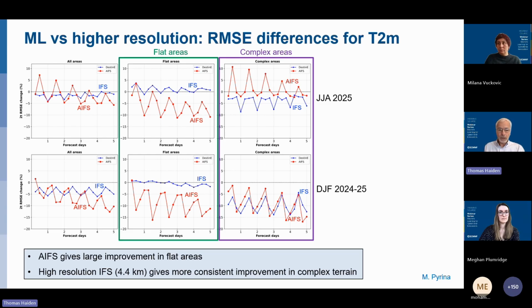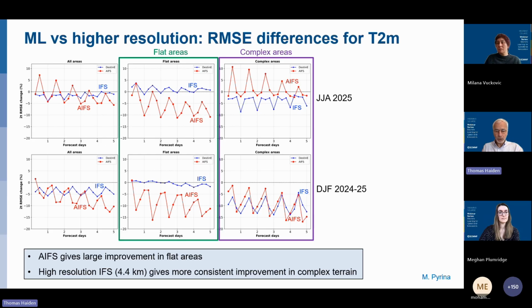And we can see here, for example, in the middle, which is for the flat areas, that the improvement from the high resolution is minimal, or it's really neutral, while the AIFS in those flat areas gives us large improvements on the order of 5 to 10, even 15%, depending on the time of day. While in more complex areas, not surprisingly, because the AIFS is here still on lower resolution, we get more competitive behavior.